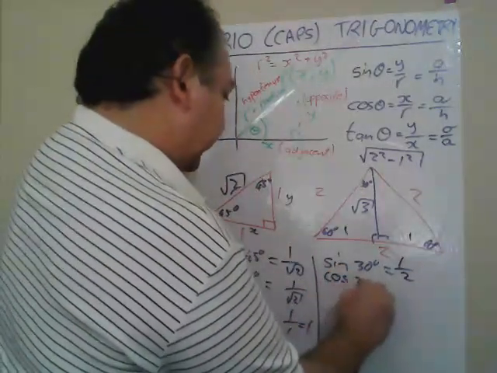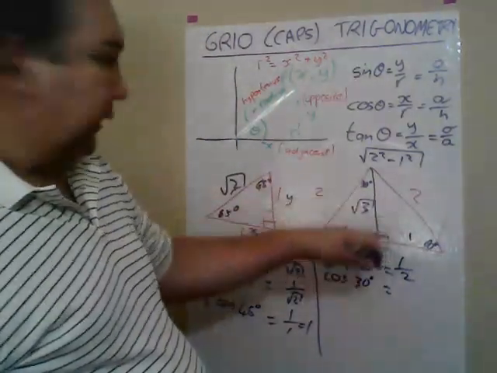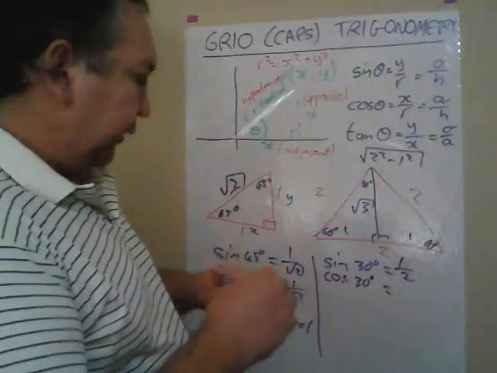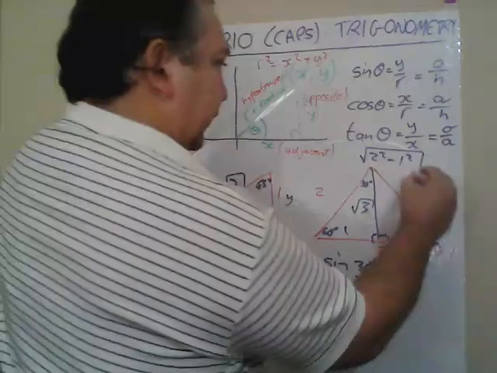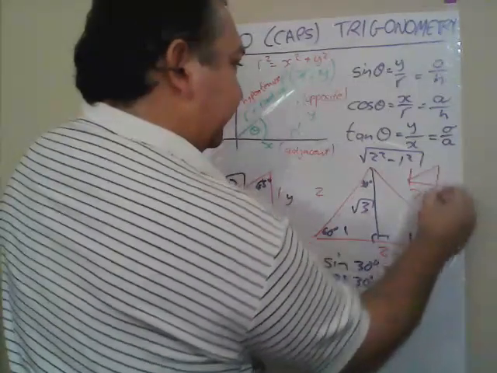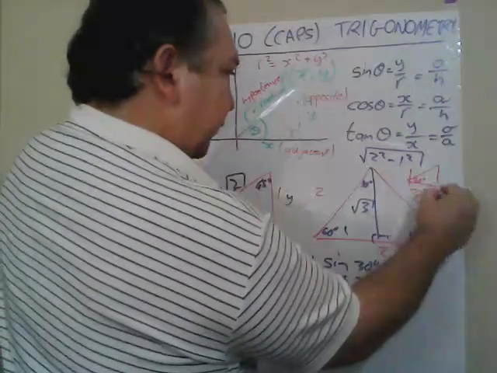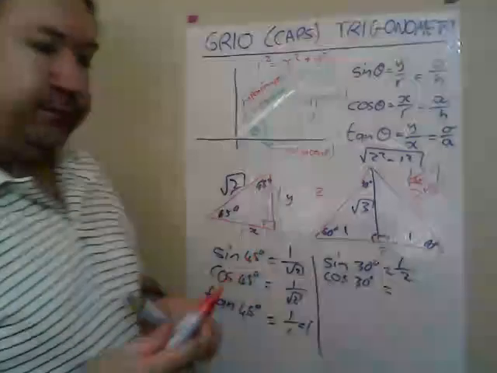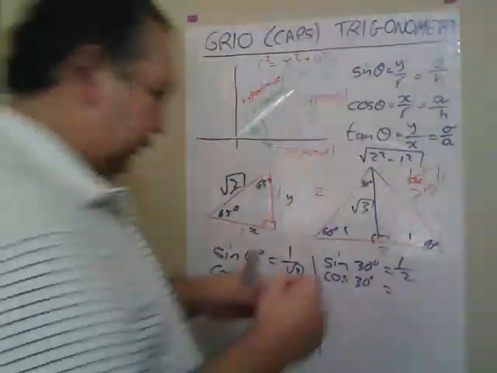Cos of 30 degrees will be the adjacent side over the hypotenuse. Okay, so if we draw this maybe on the Cartesian plane, 30 degrees, then this will be square root of 3, that will be 1 and 2. So cos of 30 is square root of 3 over 2.